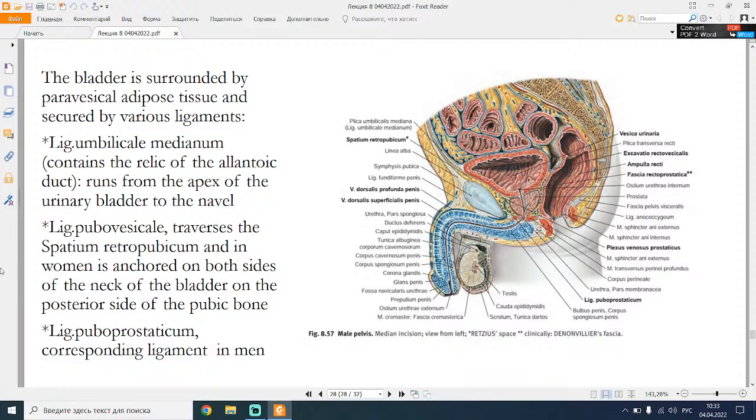In female, pubovesicale; in male, ligamentum puboprostaticum.